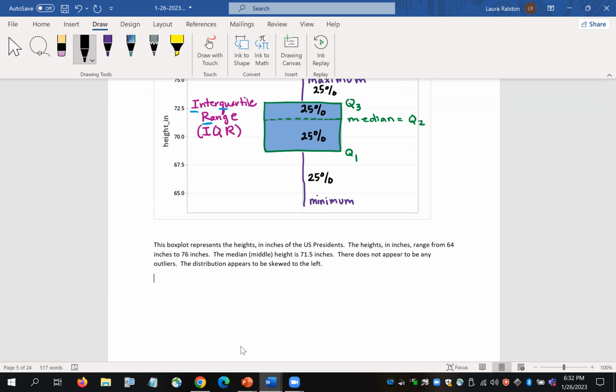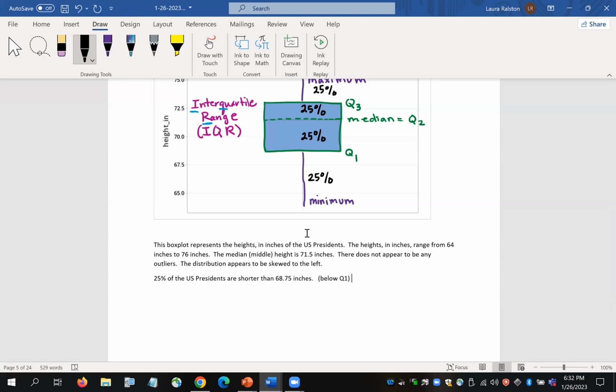Here's the interpretation of the quartiles. 25% of the U.S. presidents are shorter than 68.75 inches because Q1 had a value of 68.75. So that means that 25% of the data are below that value. So we're saying it's below Q1.